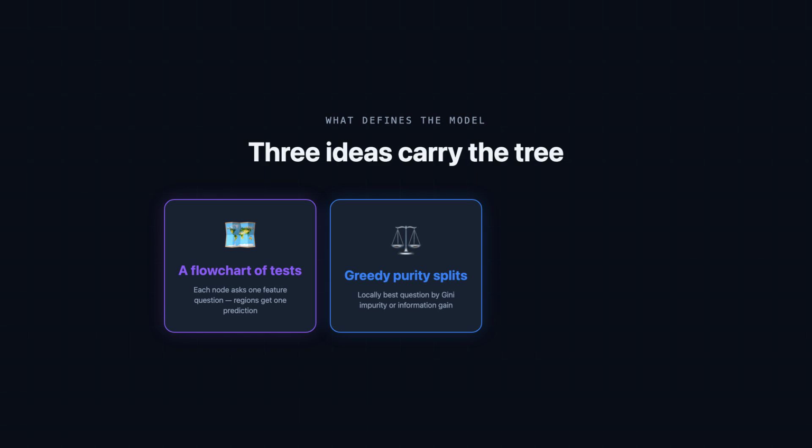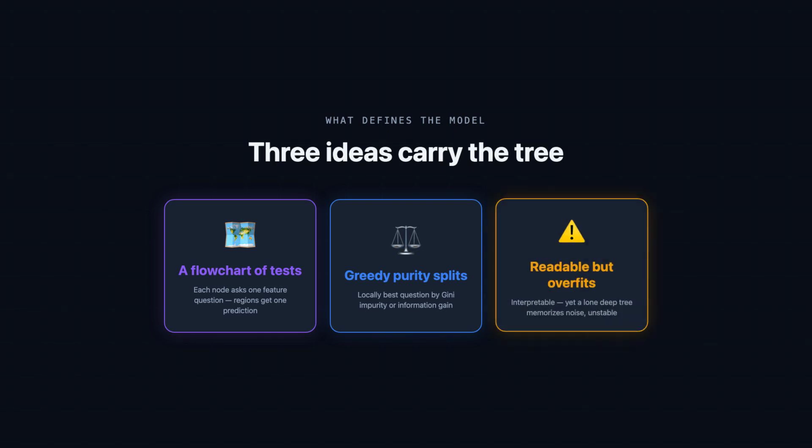It grabs the locally best question at each step, using Gini or entropy to keep pushing each branch toward one clean class. Its gift is interpretability, and that is real, but a single deep tree overfits badly. It happily memorizes noise, treating flukes as if they were rules, and a tiny change in the data can reshuffle the whole structure. That instability is exactly why we rarely stop at just one tree in practice.